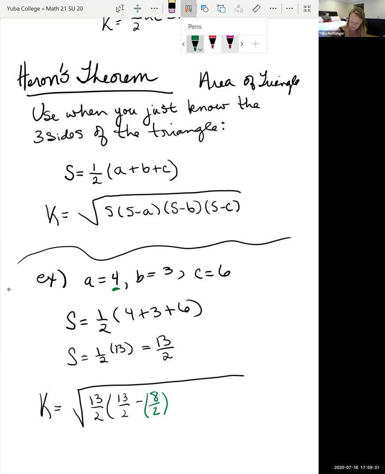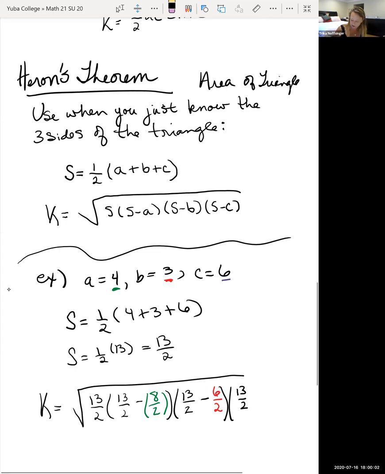And then we have S, which is 13 halves, minus B. I need a common denominator, so this is the same thing as 6 halves. And then times S, 13 halves, minus C. Again, let's get a common denominator, so that would be 12 halves, so minus 12 halves.